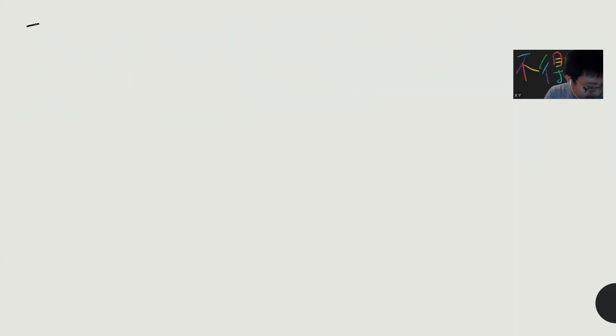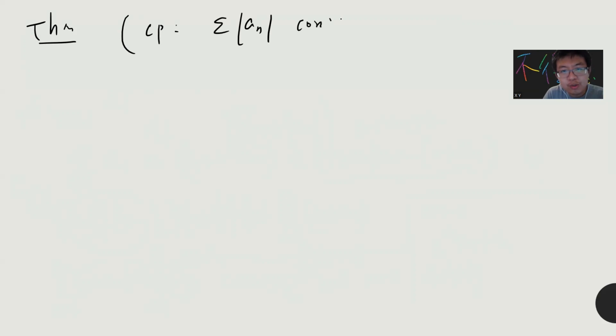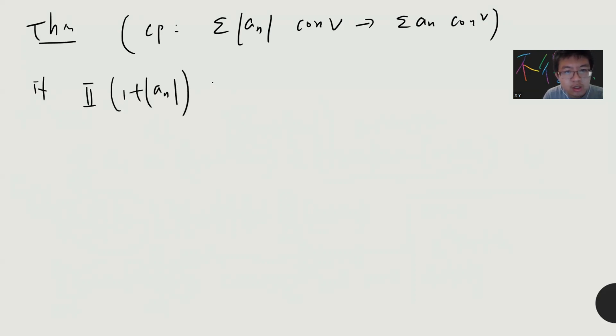Okay, so theorem. Remember that for sums, if the sum of an converges absolutely, then you prove that the sum of an converges. What we should have is exactly the same thing. If the product of 1 plus an converges absolutely, then the product of 1 plus an converges. Proof.